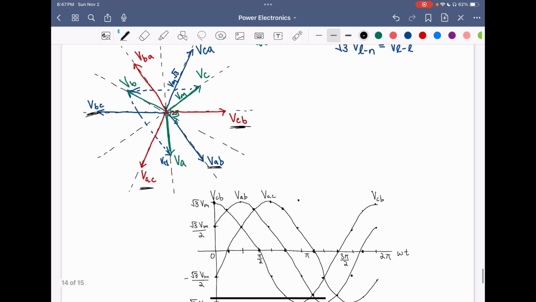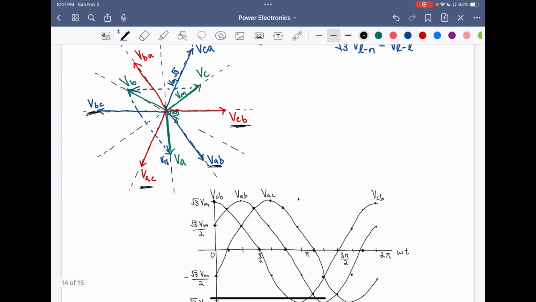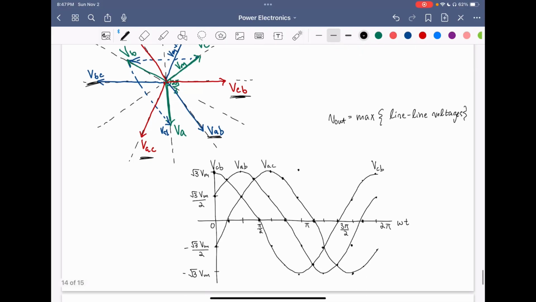So we can start to see the pattern actually. So eventually we're looking for V out, which is the maximum of all the line-to-line voltages. So we can just keep the pi over 3 peaks.